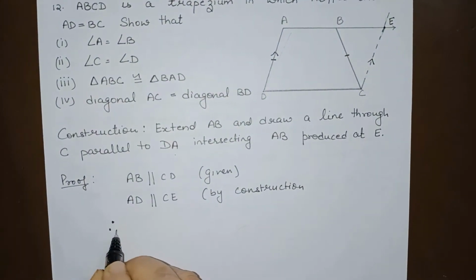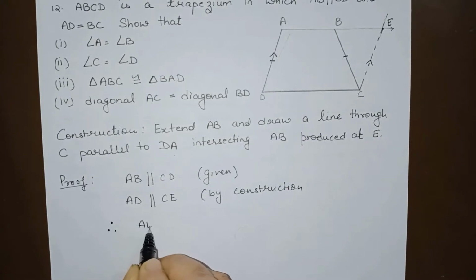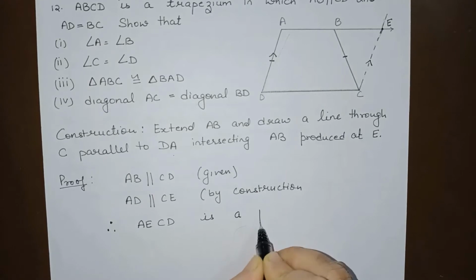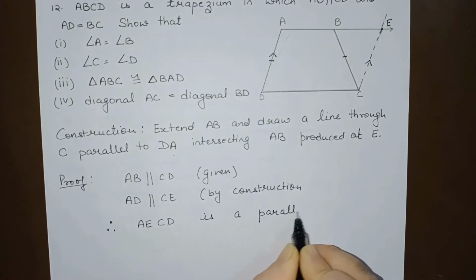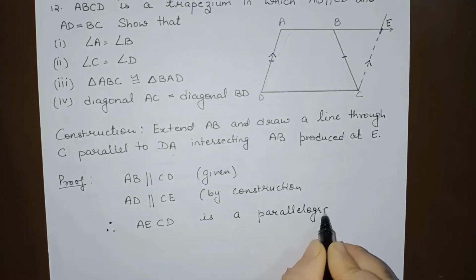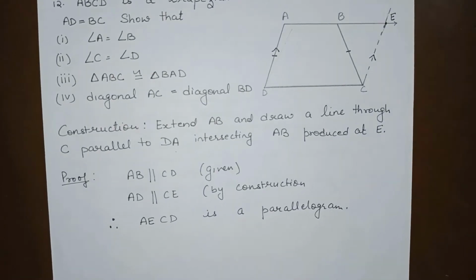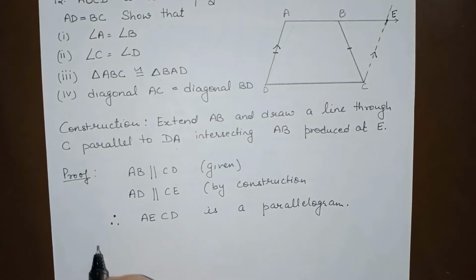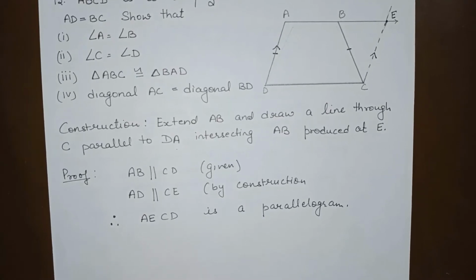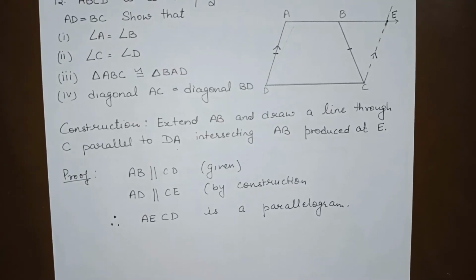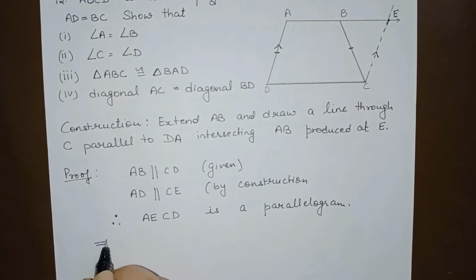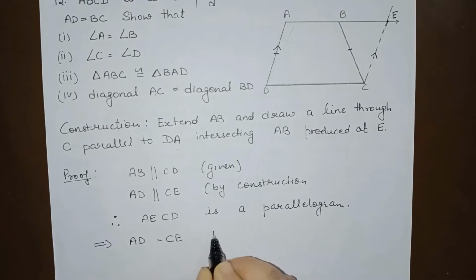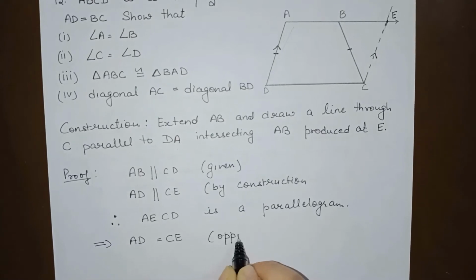Therefore AECD is a parallelogram as its opposite sides are parallel. So if AECD is a parallelogram, we know that opposite sides of a parallelogram are equal. So it implies that AD is equal to CE.